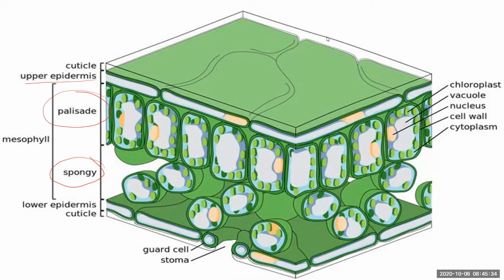So bakit sila compact? This is to make sure that they get the amount of sunlight that they need for photosynthesis. Para walang masayang na light, so dapat compact sila so that each of them can receive photons from the light.